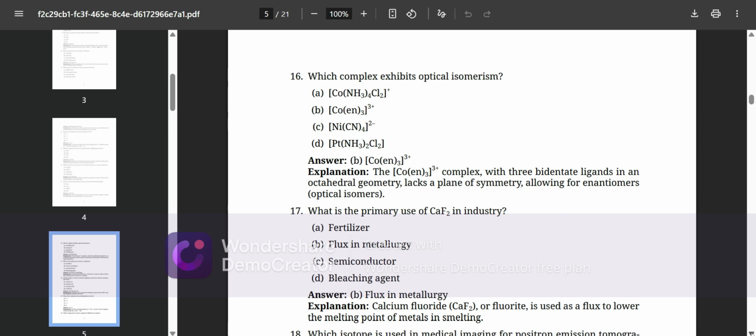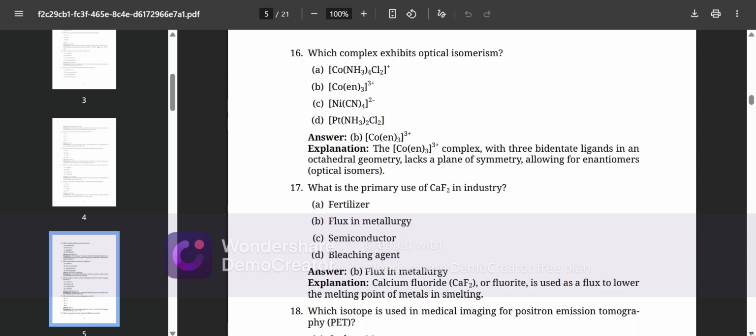[Co(en)3]3+. The [Co(en)3]3+ complex with three bidentate ligands in an octahedral geometry lacks a plane of symmetry, allowing for enantiomers, optical isomers.